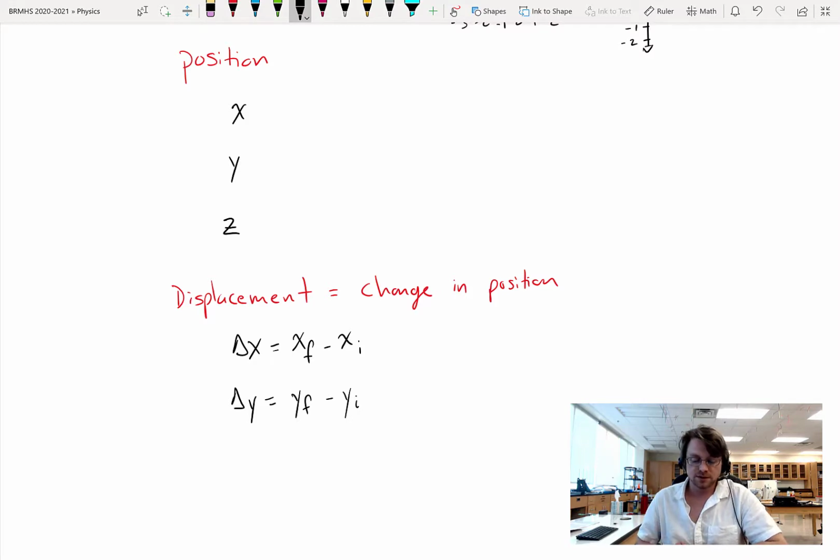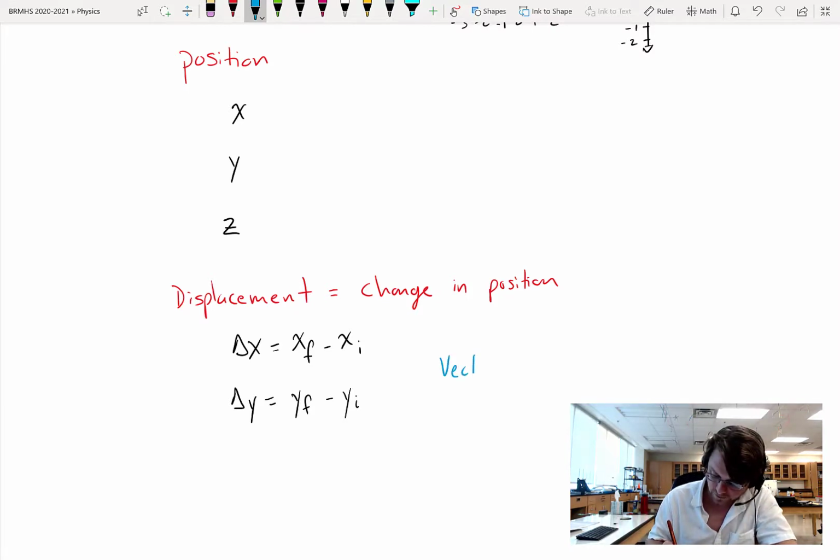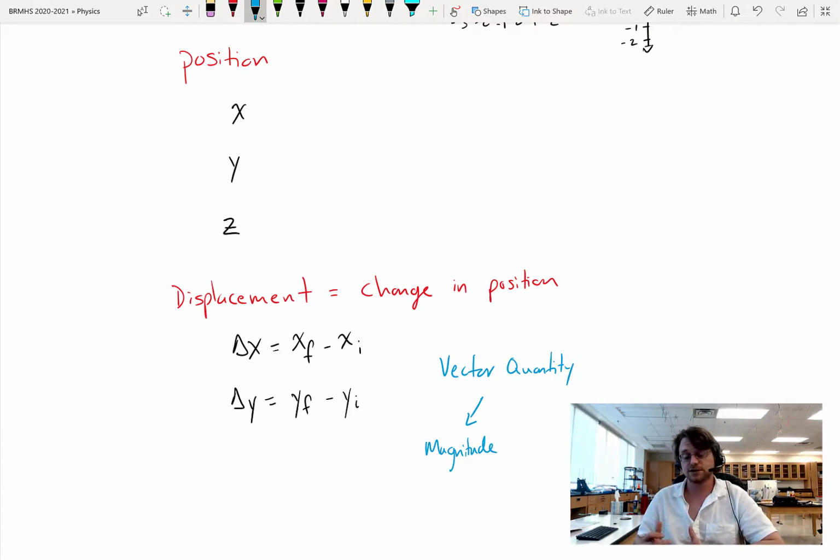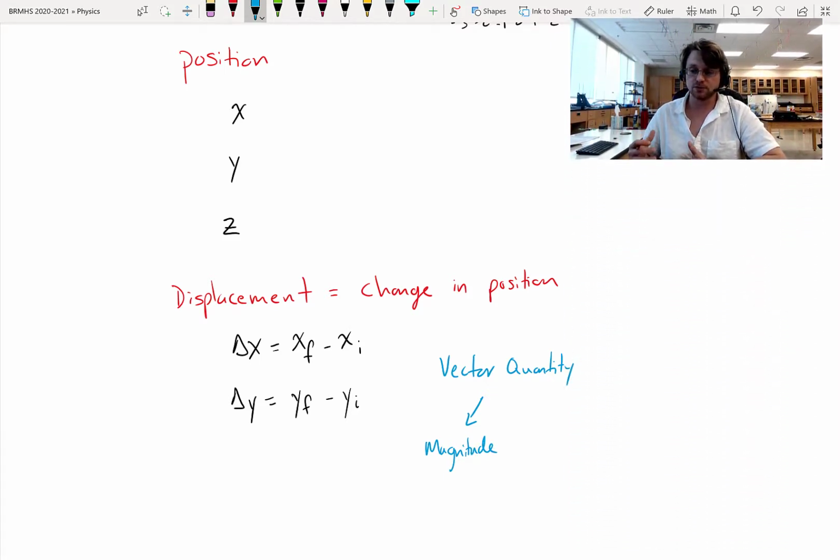The displacement variable, or the displacement quantity, is one of the examples of what we call a vector quantity. A vector quantity has both magnitude, or an amount, that's symbolized by a number. So maybe that's, if it's displacement and changing position, the magnitude would be a number representing how many meters or miles that the thing changed position.